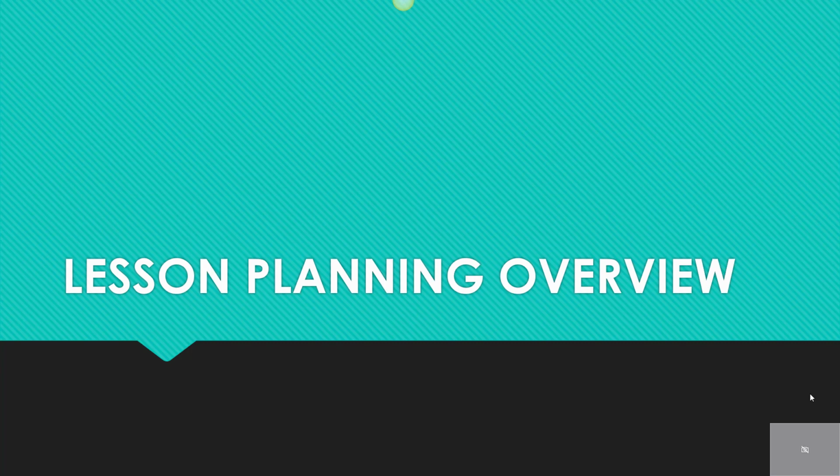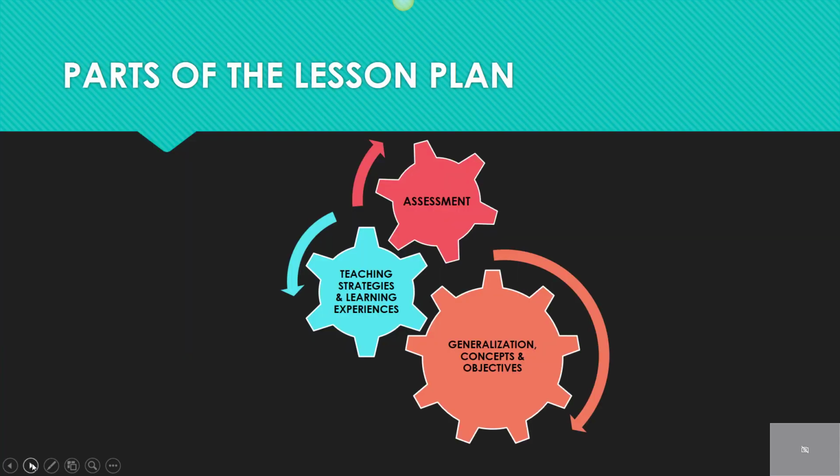So let's just start by looking at what the parts of a lesson plan are. The image here shows gears, and I chose the gears because I wanted the idea that the different parts of the lesson plan are linked together.